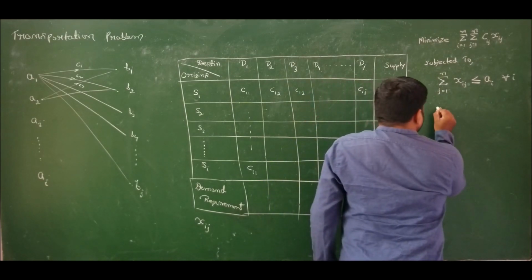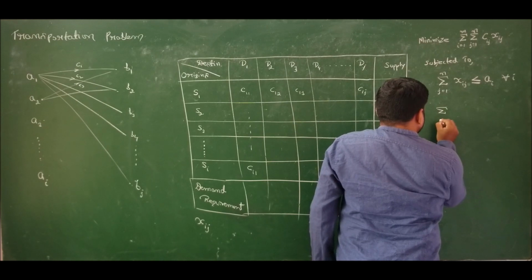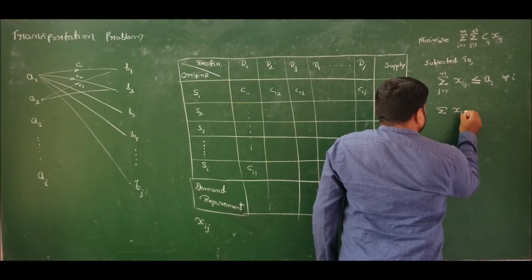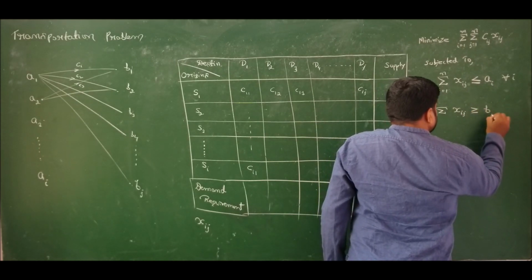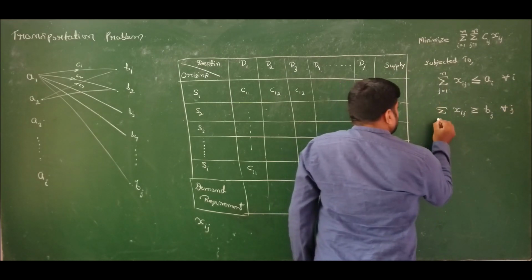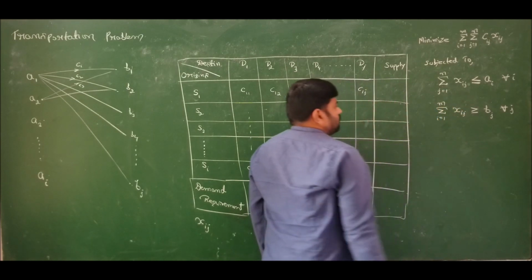Next is constraint number 2. Whatever commodity reaches the destination should always be greater than or equal to demand, where i is equal to 1 to m.